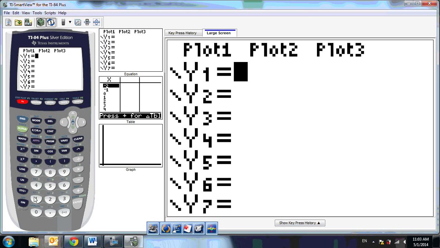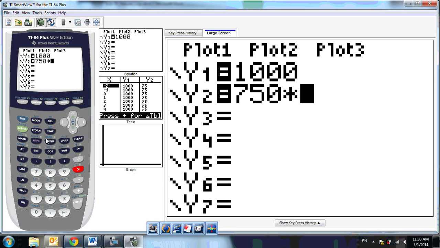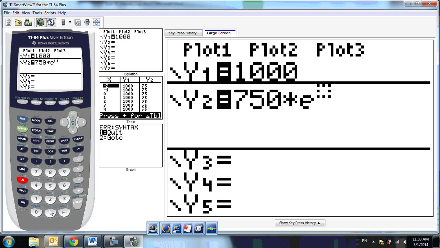So I'm going to put 1,000, and I'm going to put 750 times e to the 0.08t power.